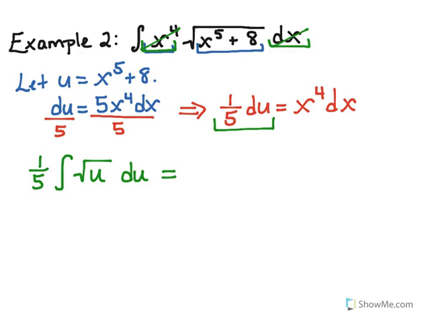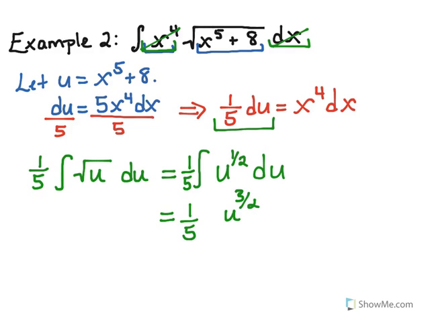To do the antiderivative of this, I need to rewrite it with a fractional exponent. This is u to the 1/2 du, and then I can use the power rule. So keep the 1/5, keep the u, add 1 to the exponent to get 3/2.